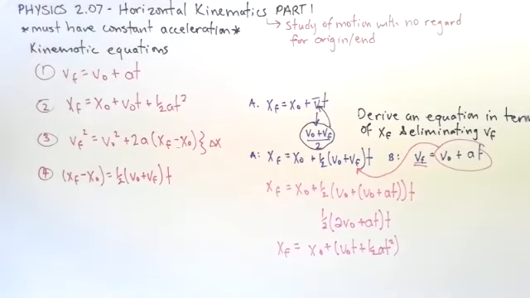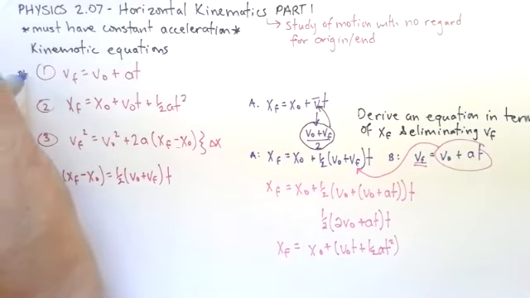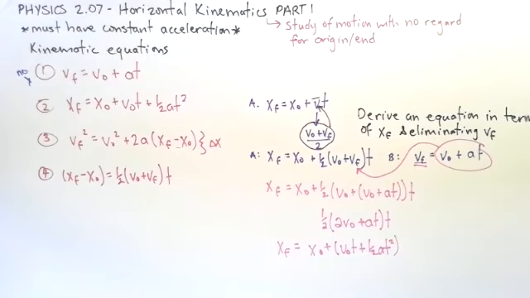Now you'll notice that the first equation, what variable is it missing? Take a look at this. There is no displacement here, no x. Take a look at equation number 2. What are we missing? There is no v sub f. Take a look at equation number 3. What are we missing? There's no time.